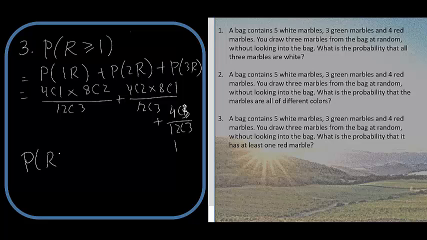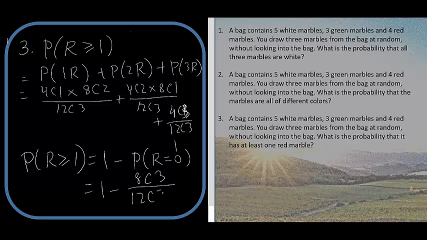Probability of greater or equal to 1 red equals, I can say, 1 minus the probability of red 0, no red. So then we have 1 minus, no red meaning I have 8 other colors. I can choose 3 from there, no red, and then we have 12C3. So if you do both in the calculator, your answer will be the same.